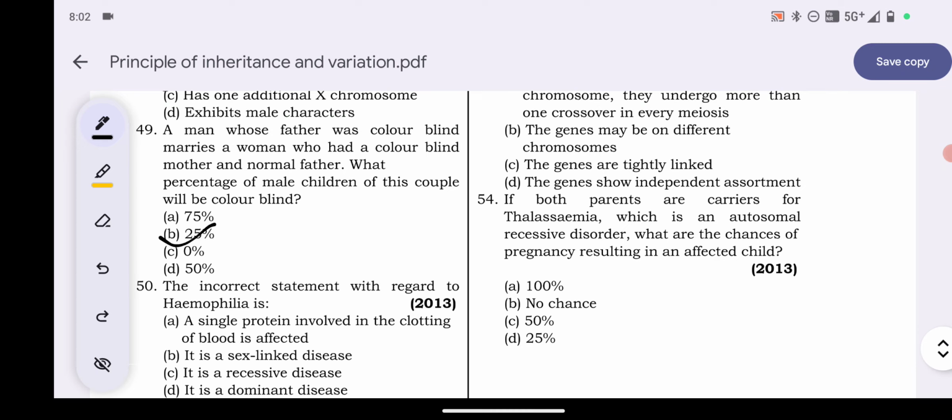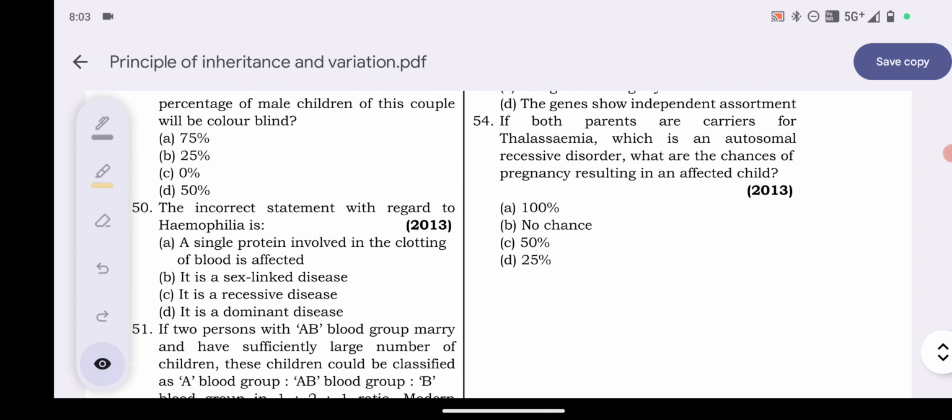Explanation: because it is present on the X chromosome, color blindness is an X-linked recessive genetic disease. According to the first figure, a guy whose father was colorblind, that is, will be XY normal, marries a woman whose mother was colorblind and father was normal, that is, the woman will be a carrier. According to the situations stated in the question, when a normal guy marries a carrier woman, the probability of male offspring being colorblind is 25%. So B is the right answer.